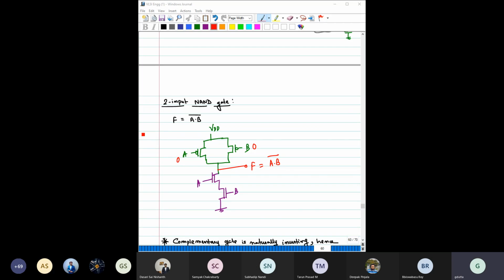Yeah, Ayushi, is it working as a two input NAND gate? Sir, I was just making the truth table. Okay, so could you please tell me, suppose if I give 0 0 as input, what is the output? Ayushi, please tell me.